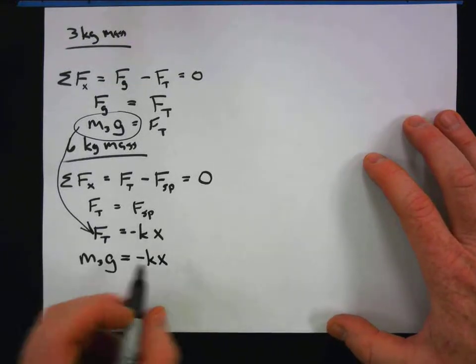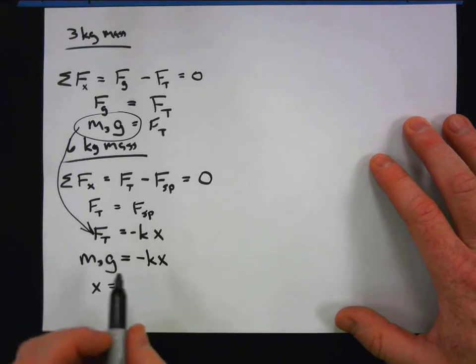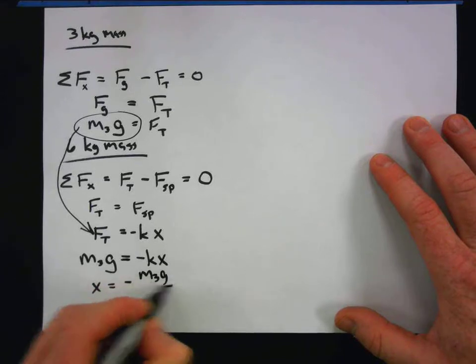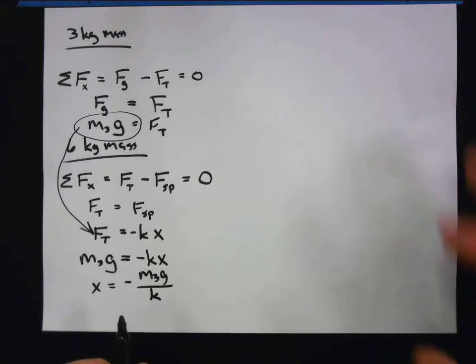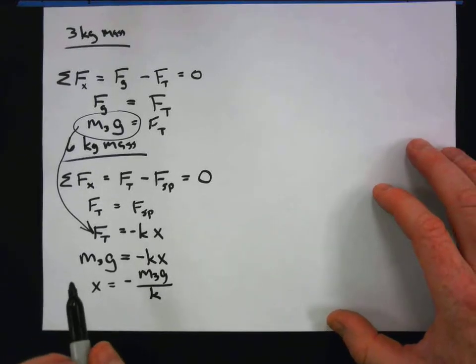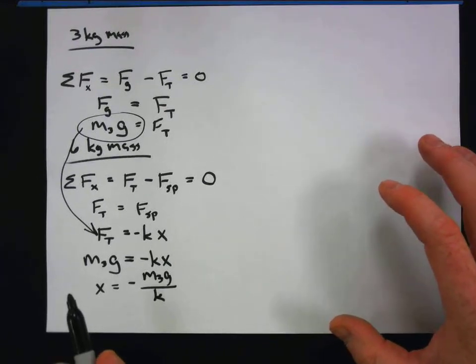And I'm solving for x, so this is going to be the opposite of mass 3 times gravity divided by k. And that minus sign is going to mess me up. So it's going to look like it's going in the wrong direction. But not really. We'll come back to that.